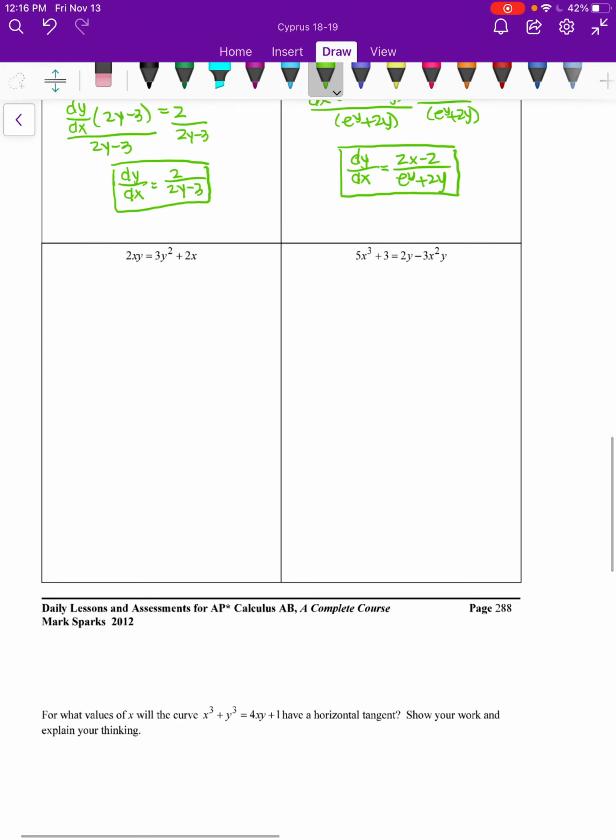Moving along, we're almost done with these notes. On the next one we have 2xy equals 3y squared plus 2x. 2xy is a product rule, right? We have to do the derivative of the first times the second plus the derivative of the second times the first.